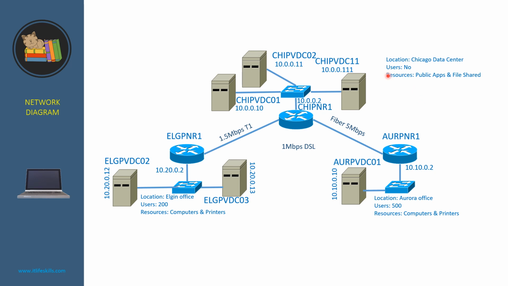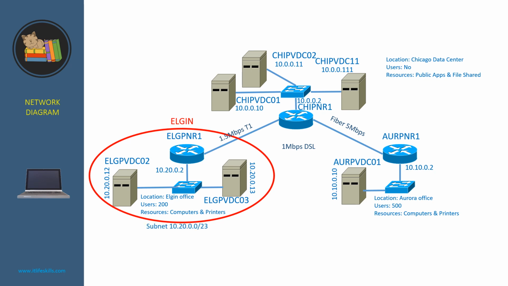Here is the network diagram for our AD Forest. Based on the network diagram, we will create three sites. The first site is Elgin, and we will associate it with the subnet 10.20.0.0/23.